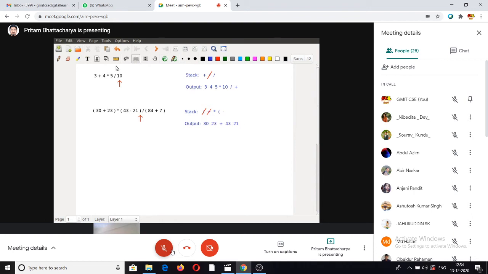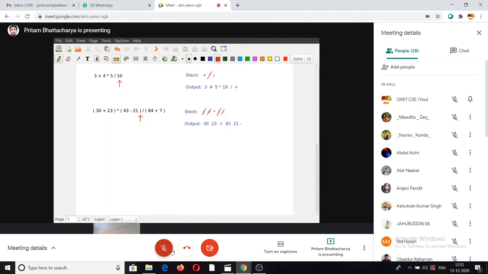Here there is only one operator in between, that is minus, and you are going to remove both this operator minus as well as this opening bracket.